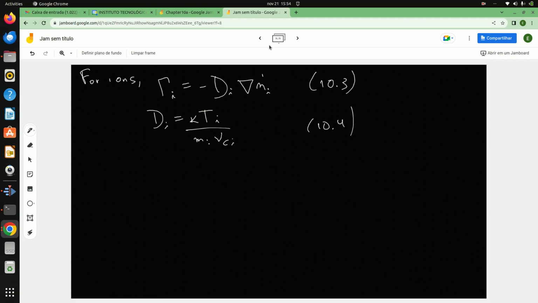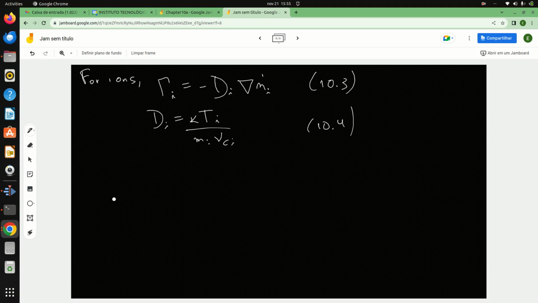So this will generate an electric field that will accelerate diffusion for ions and slow down diffusion for the electrons. This is the electric field generated by the charge separation that happens due to the different diffusion velocities.